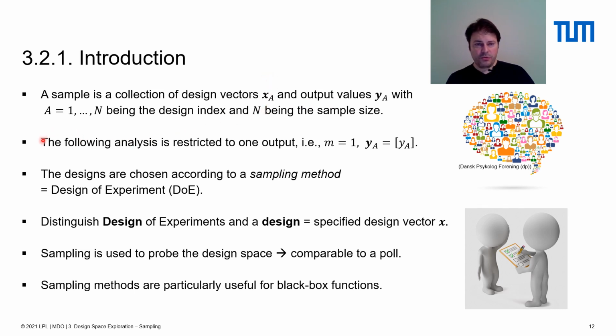For this chapter, we will only talk about one output value, so lowercase m will be set equal to 1. But whatever we will discuss is, of course, applicable also to the second output value and the third output value separately.